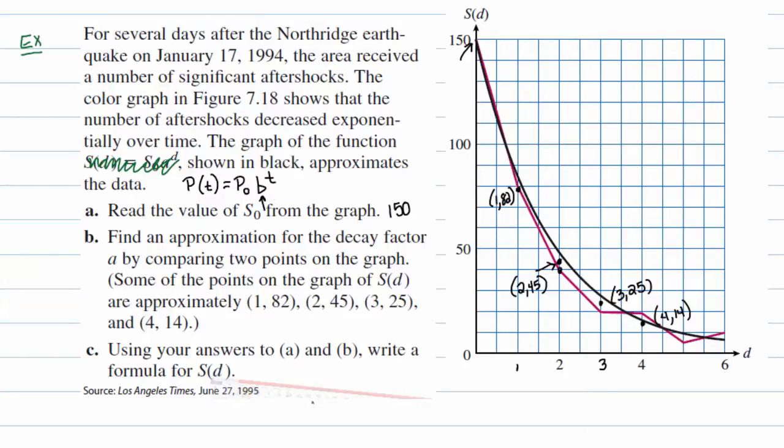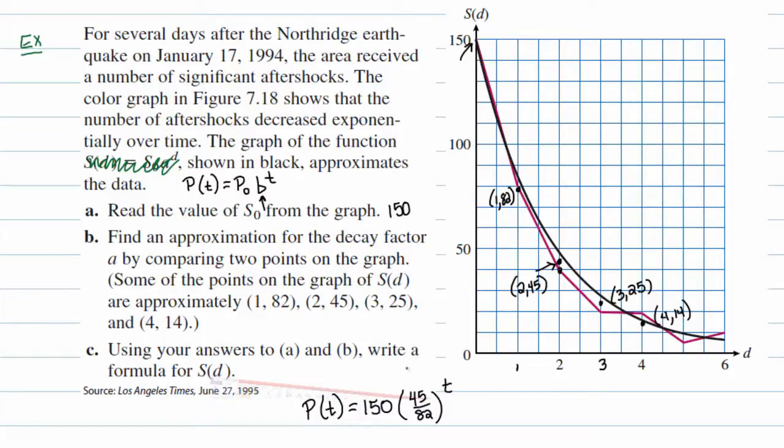So my actual function that I think is good for this is P of t is equal to 150, because that's the initial number of aftershocks, times 45/82 raised to the t power. Now we could always check this result just by plugging in some values to see if some of these points that we said should fit on this curve actually do fit on the curve.